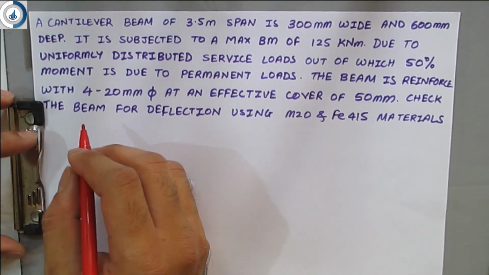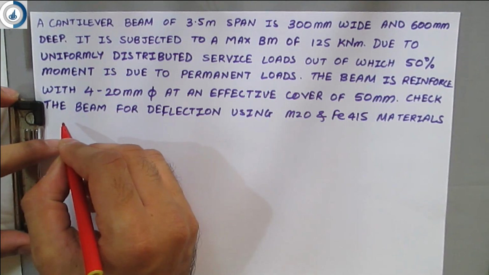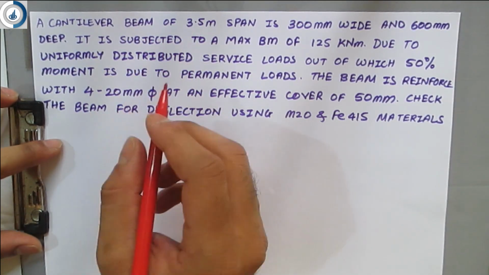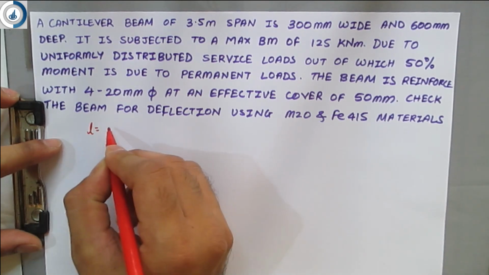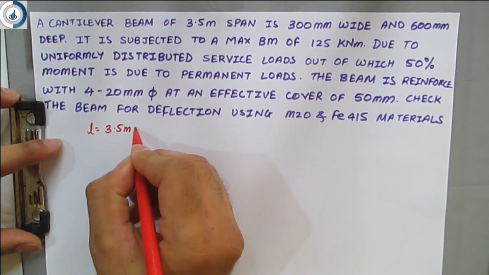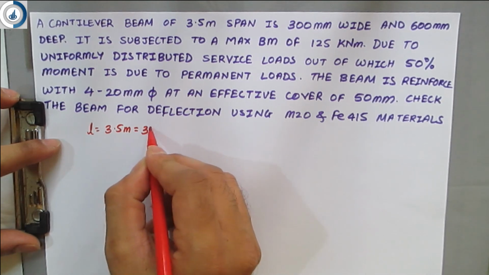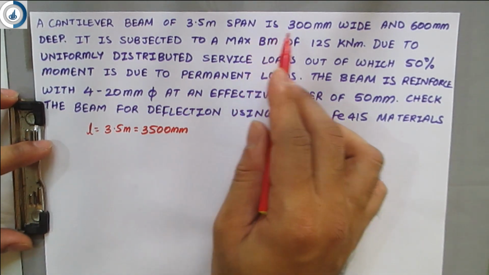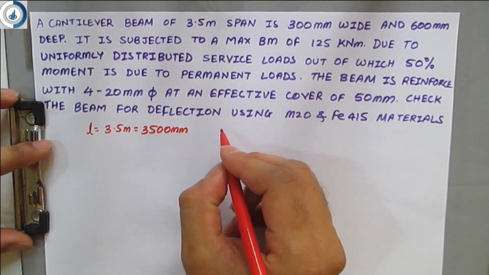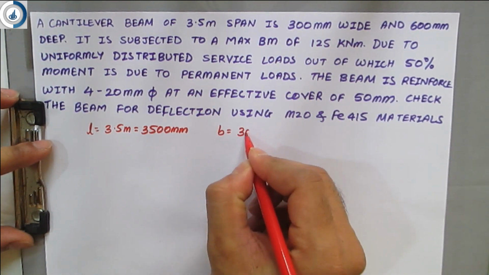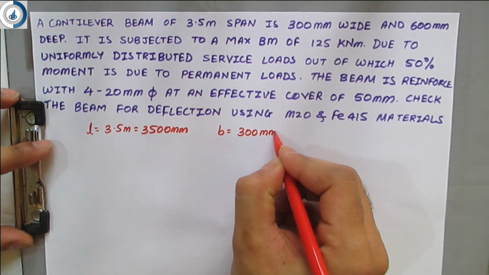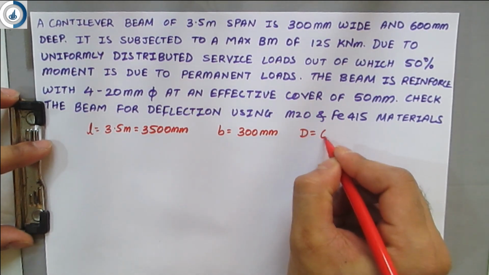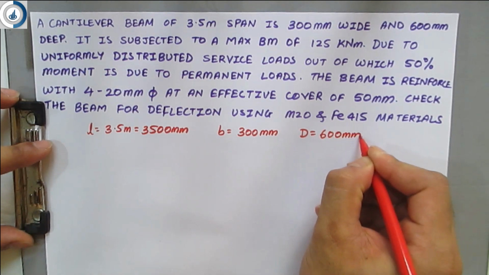One by one we'll write down what is given in this problem. The length of the beam is 3.5 meters, so L is equal to 3.5 meters, which we can write as 3500 mm. It is 300 mm wide, so B is equal to 300 mm, and 600 mm deep, so D, capital D, is 600 mm.